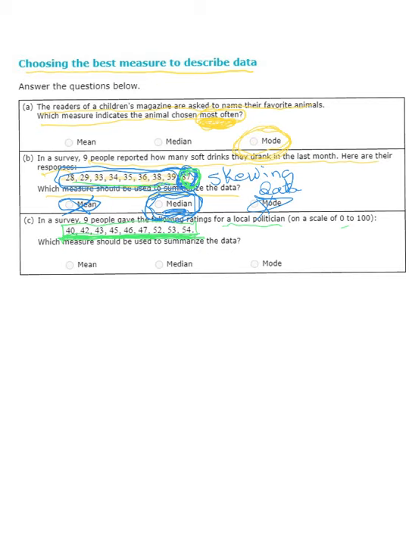So I could really go with mean or median here, but the mean would probably be the better because it takes in all the numbers into consideration, not just the middle one. So I would say mean is the best answer to describe the data because it takes all the data and gives me a good measure of the central number.